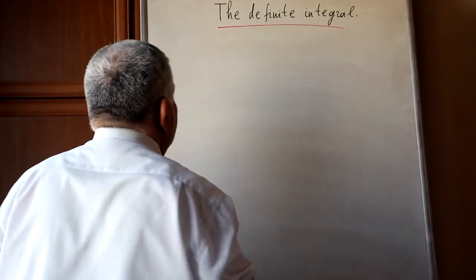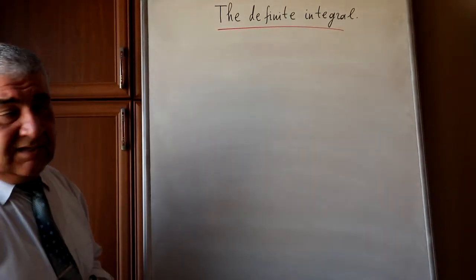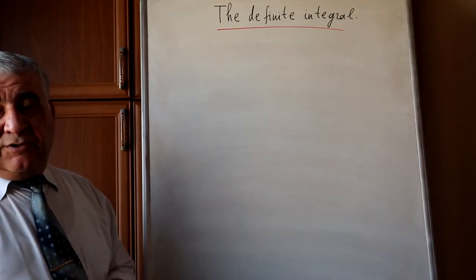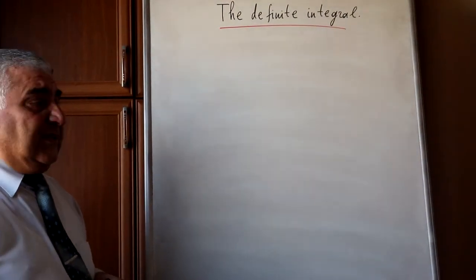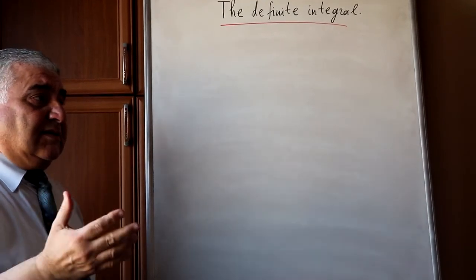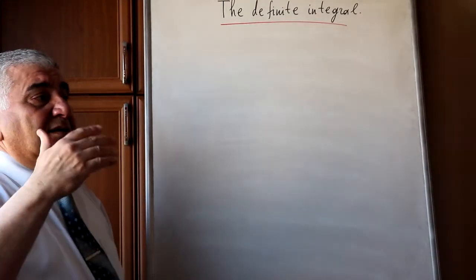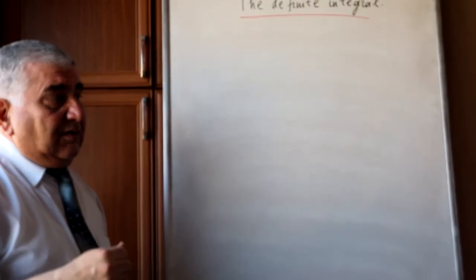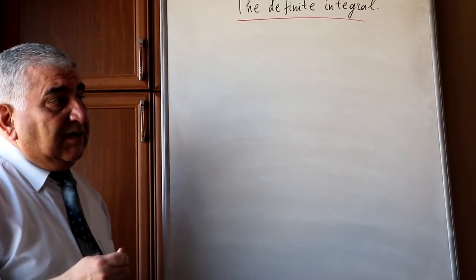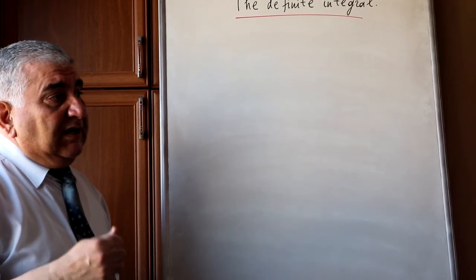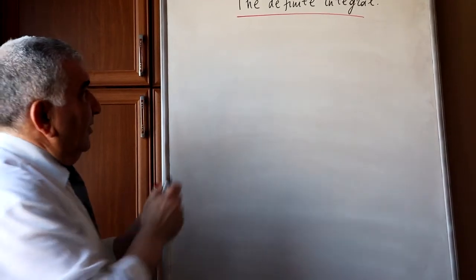Definite integral in Azeri it is müəyyən integral. In Russian it is определенный integral. The definite integral has a numeric value, and this value is defined by the Newton-Leibniz formula.